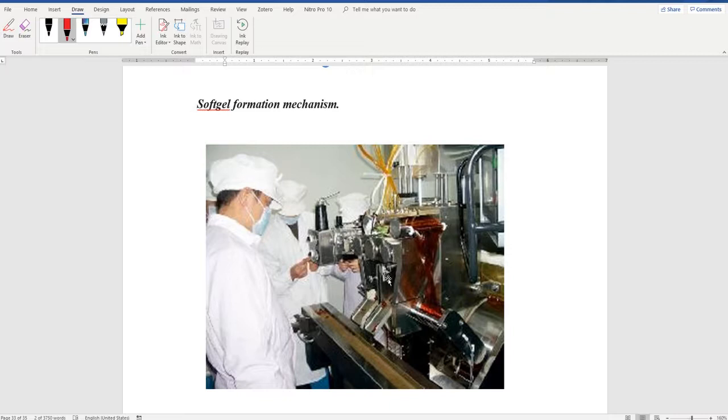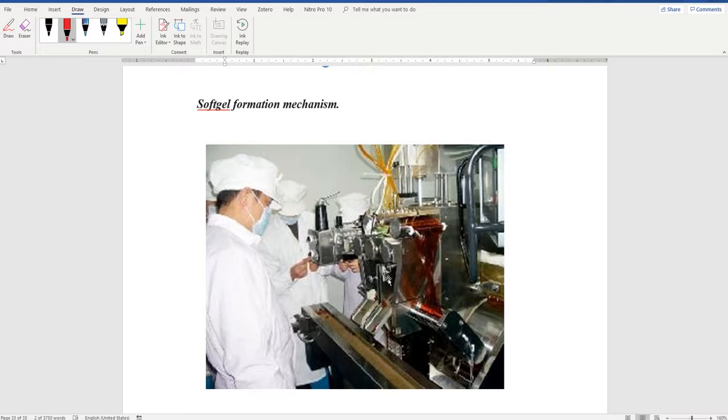فبالتالي if you have a question saying why soft gelatin capsule machines are not available in every company, even those that have products of soft gelatin capsules, اللي هي reason, as I told you, it's expensive to buy this machine and to employ personnel who are specialized in using them.